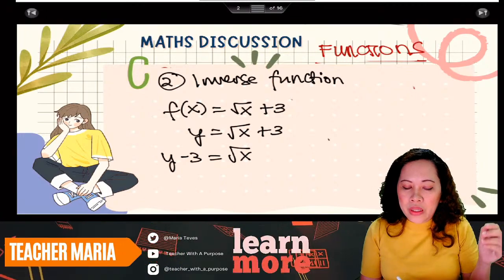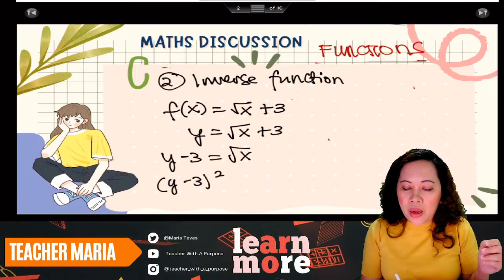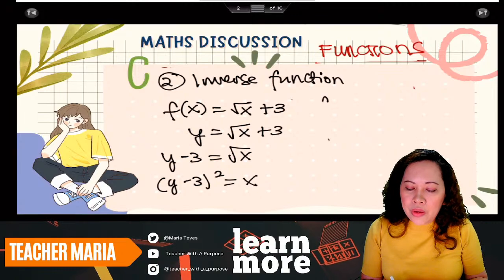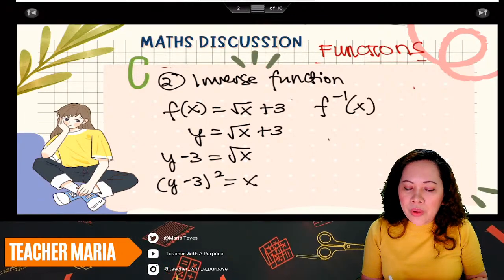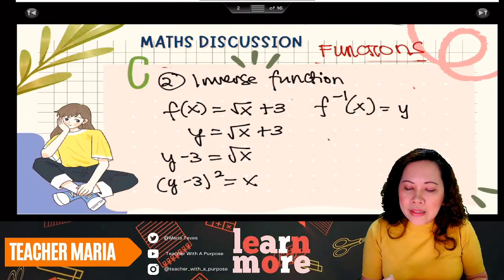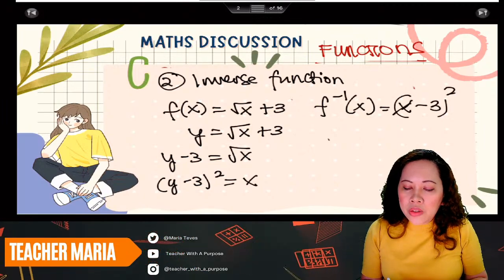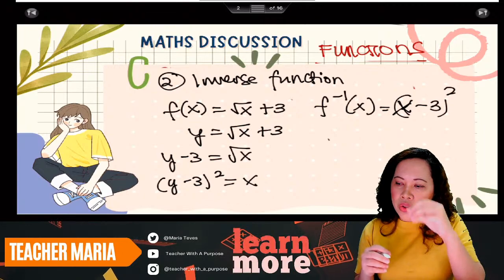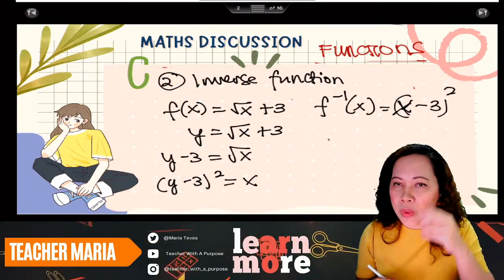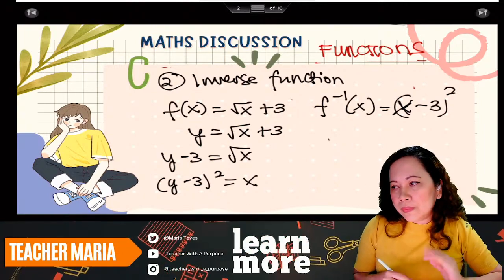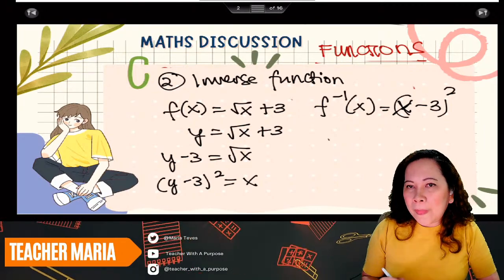Transfer the square root, that will be y minus 3 squared equals your x. So therefore, the inverse of your function will be x minus 3 squared. All you need to do is change x to y and y to x. That's what you need to do. All right.